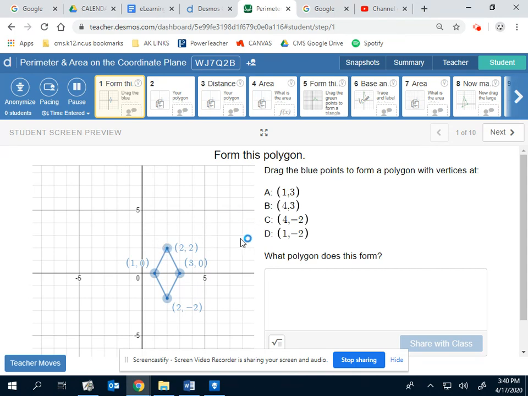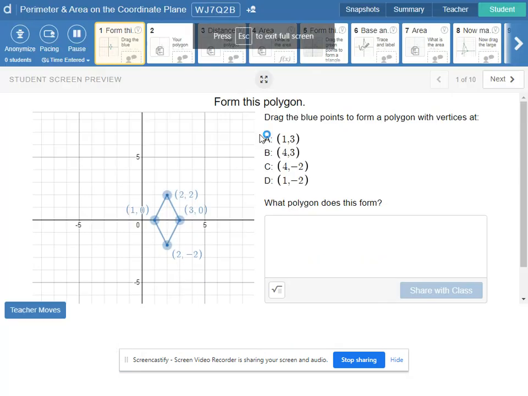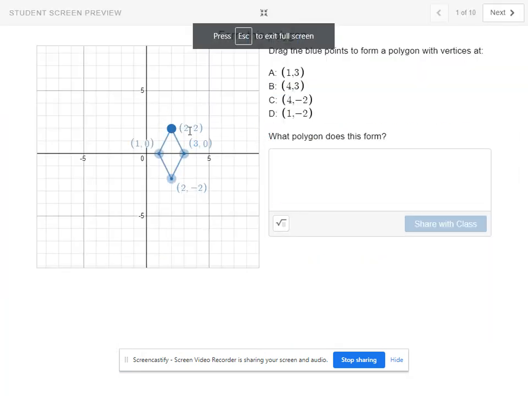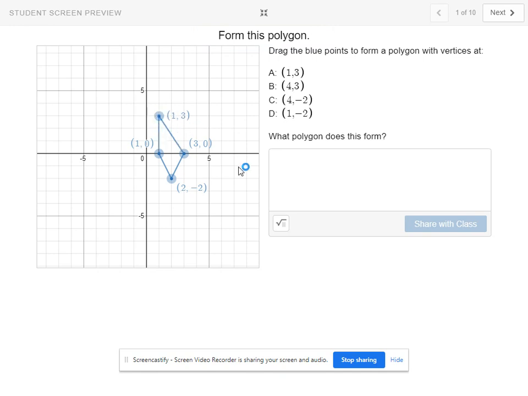So you'll notice that you can click and drag on each of these points and move them around. So the first one, let's grab here at the top, is going to be 1, 3. So 1 comma 3 is right there. 4 comma 3 right there. It's nice that they're all labeled. 4 comma negative 2 right here, and 1 comma negative 2.